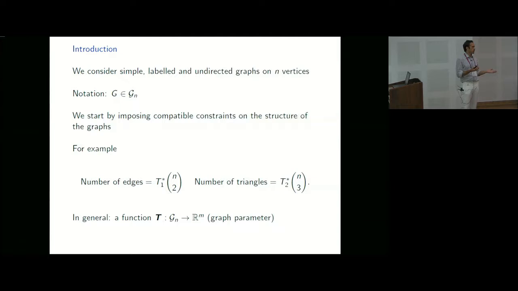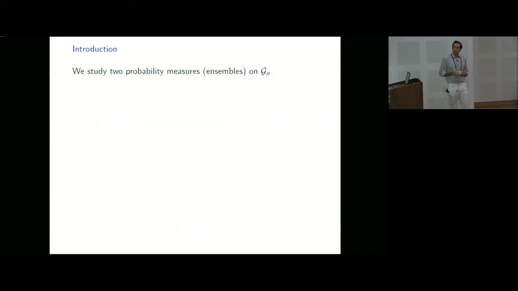This is in general called a graph parameter in the literature. And in the first part of my talk, this will be independent of n. So a graph parameter, for example the degree sequence, we will not consider parameters like the degree sequence at this moment.